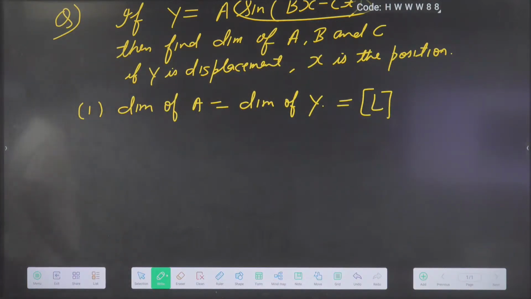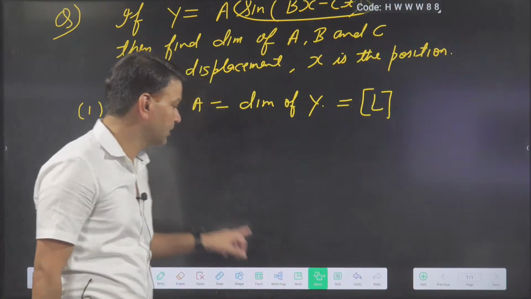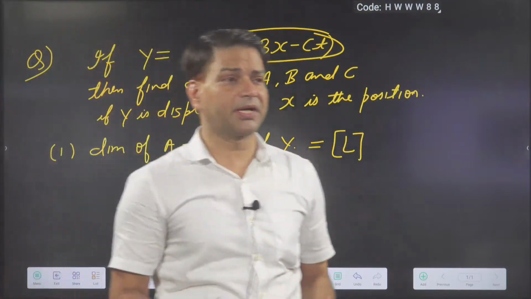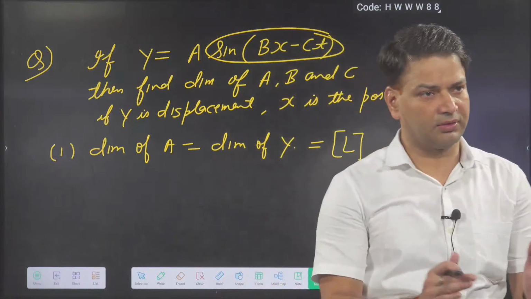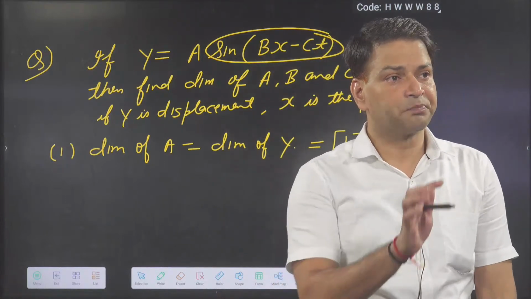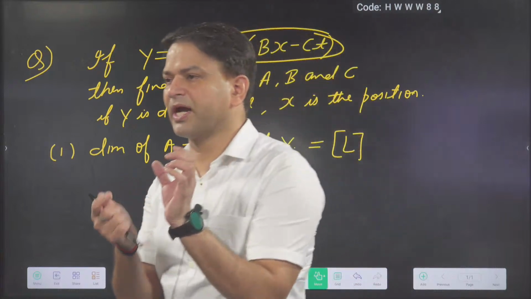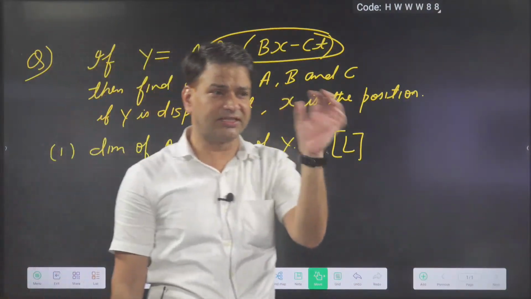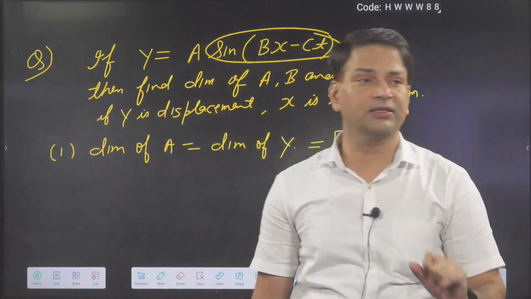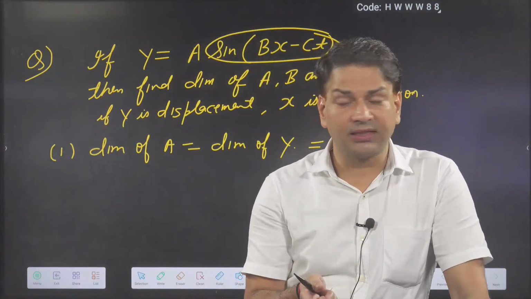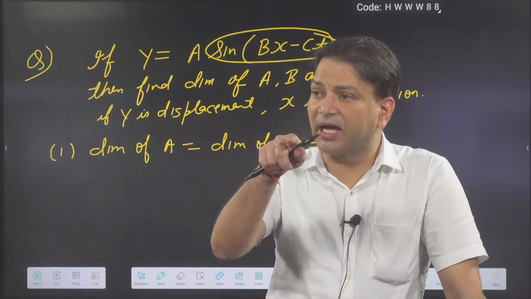Okay, now we will go for b and c. You can see here I am subtracting bx and ct, there is a minus sign in between. We can subtract two quantities only when they have the same dimension, which means bx and ct have the same dimension, and they are basically angles. Why?